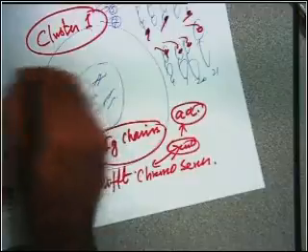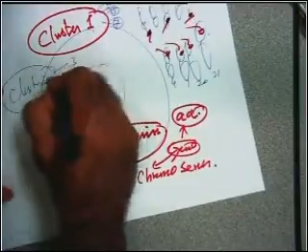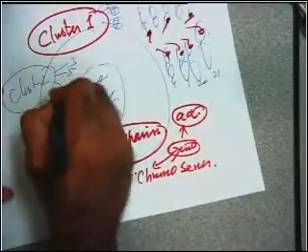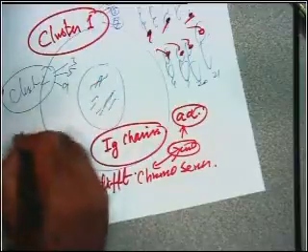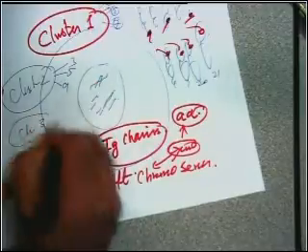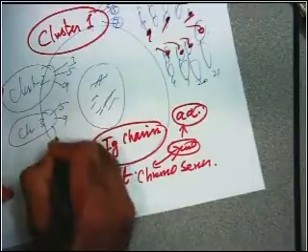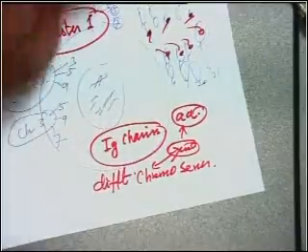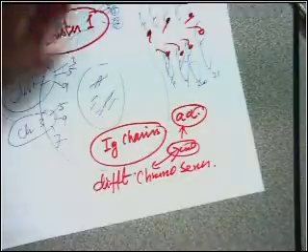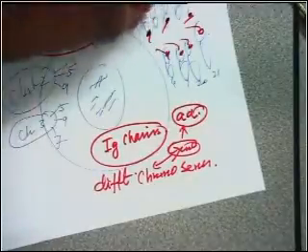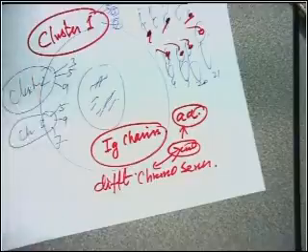Cluster 2 may have 3, 5, and then 9. Then cluster 3 of the variable region may have 5, 9, and 7. So each cluster's combination comes from different chromosomes, and they form this cluster.